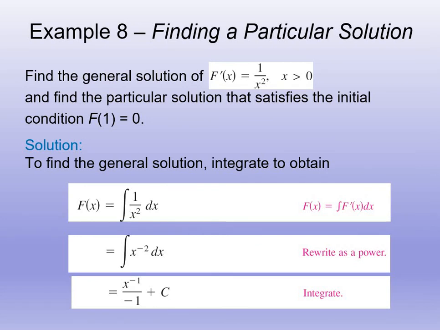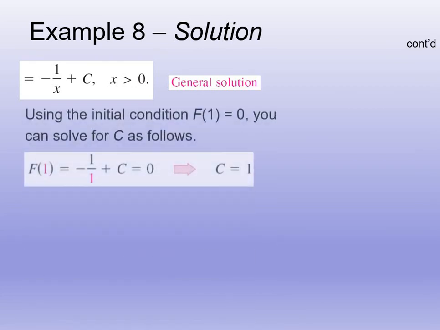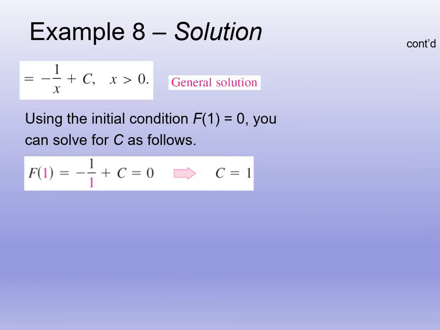Now, since we have our initial condition, f(1) equals 0, I'm going to replace the x with 1, set it equal to 0, and solve for c. When we simplify it down, we have negative 1 over x plus c. We set that equal to 0 and solve, and in this case c yields a 1 for us.